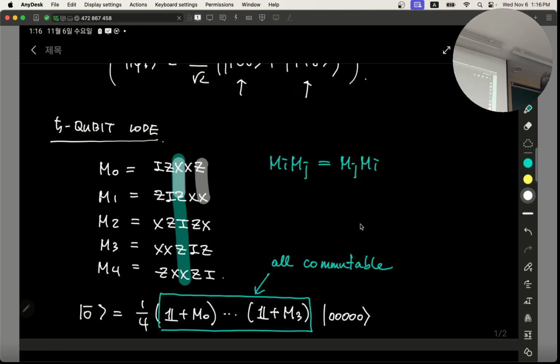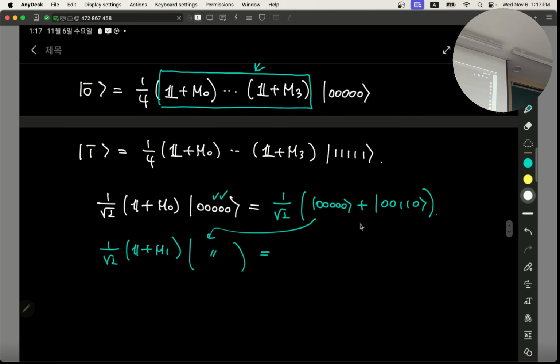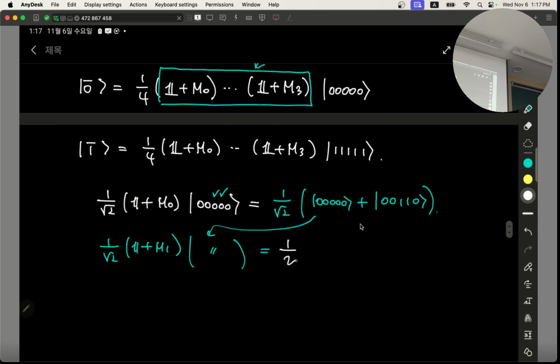Z doesn't change 0 or 1, it only changes the sign of one ket, but there are two Z, so you have to take into consideration changing the sign, and also two X's on there. So it's going to be 1/2 of 0, 0, 0, 0, 0 plus 0, 0, 0, 1, 1, and plus, now that's after applying M1 here. Sorry, yes, that's after applying here.